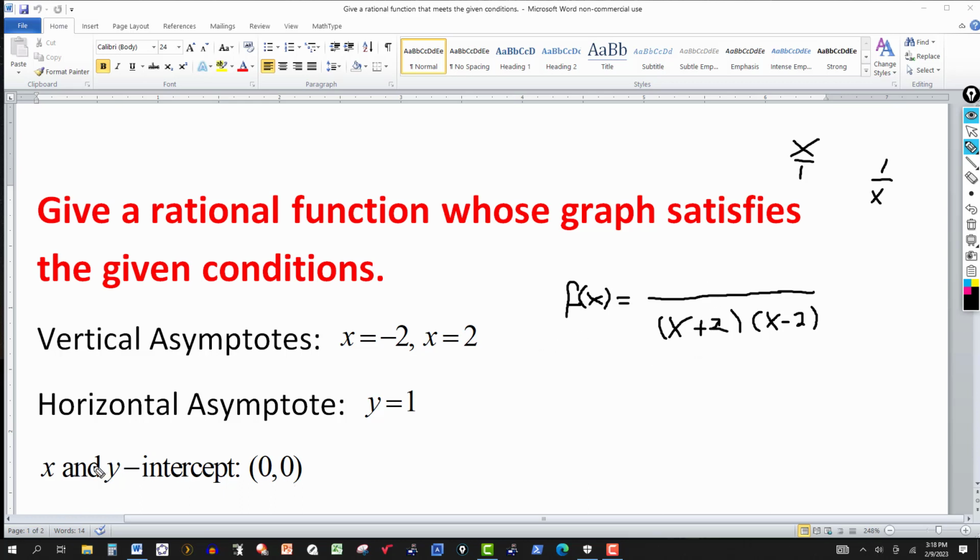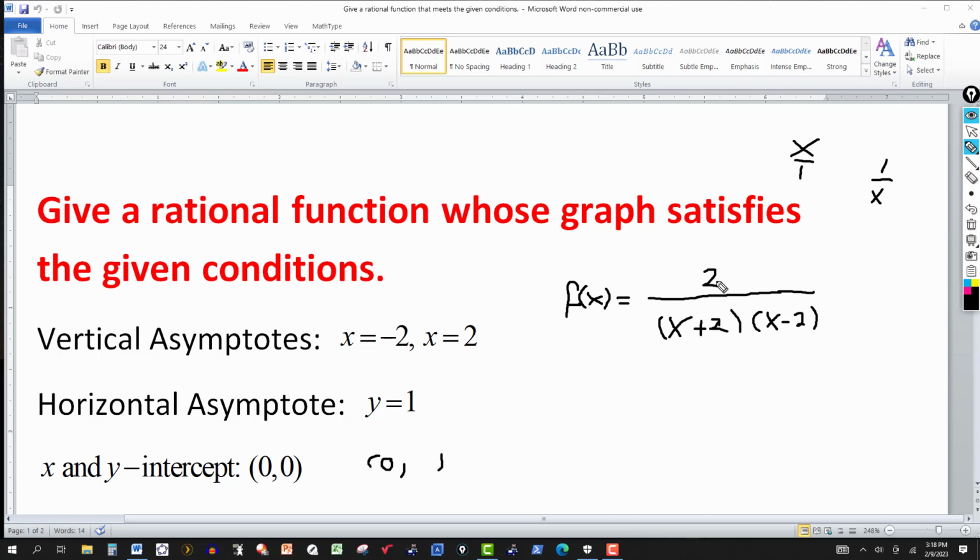Now let's go to the x and y-intercept. To find the y-intercept, you replace the x by 0. So do it this way, put a 0 where the x is, then the y has to come out to 0. Okay, so let's look at this. If I had a 2 in the numerator, replacing the x by 0, I would get 2 times -2 in the denominator, -4.